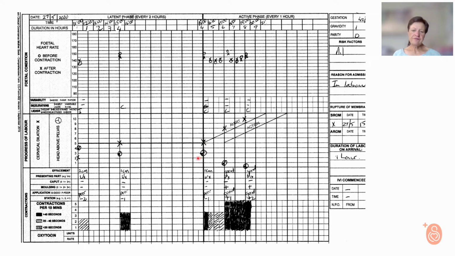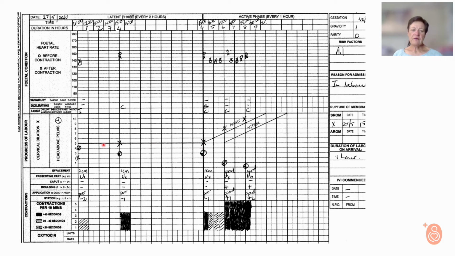And remember, we've said we take this from the latent phase to the active phase, and we record this cervical dilatation where it crosses the alert line. So where 5 centimeters dilatation crossed the alert line, that's where we are going to make our cross here.